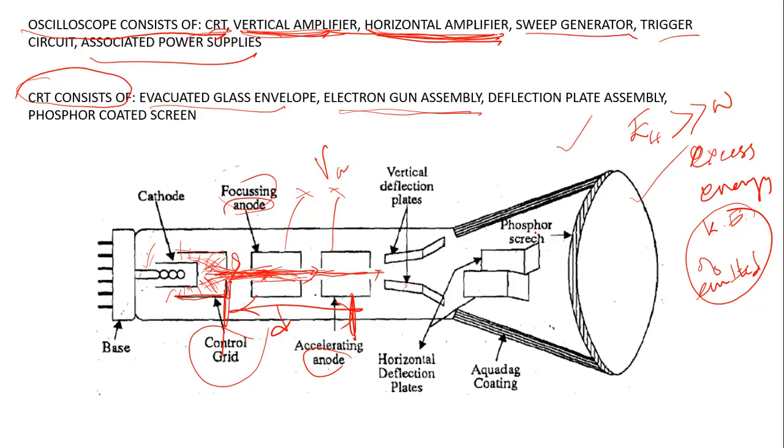The deflection plates will deflect those cathode rays, depending on the information received from the detector. They will either deflect to a very large value or deflect to a small value, depending on the signal coming from the detectors, which is supplied to vertical and horizontal deflection plates via the vertical and horizontal amplifiers.